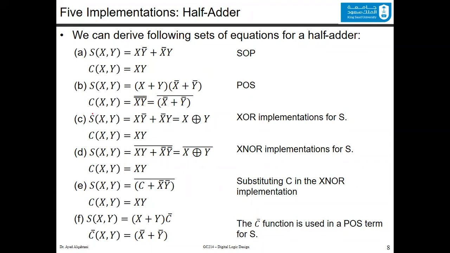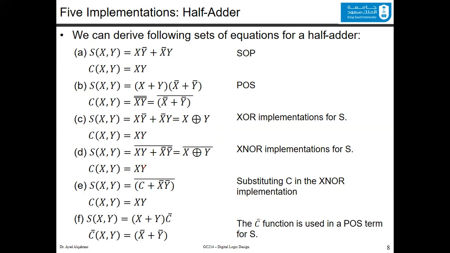Also, the third implementation here, we did by having the XOR implementation for the sum this way. Or you can also have the XNOR implementation of S by having a double bar of the sum in the previous implementation. If you have a double bar here, then you will generate the XNOR implementation, because you know that the inversion of the XOR is an XNOR.